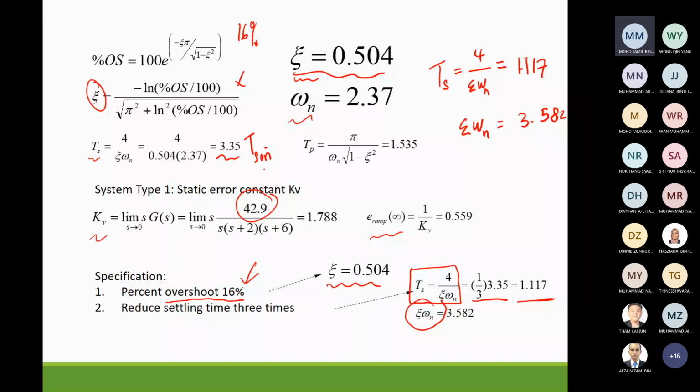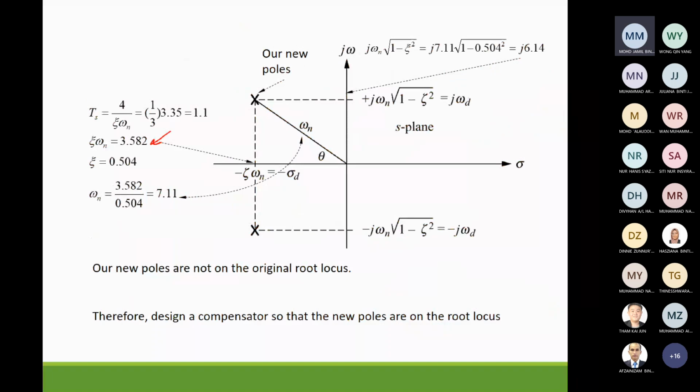So to maintain 16% overshoot, you maintain the same damping ratio, in this case 0.504, meaning that you change the value of omega n. So the new omega n is 7.11.